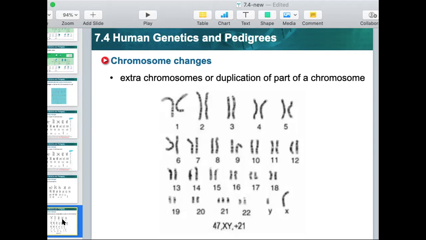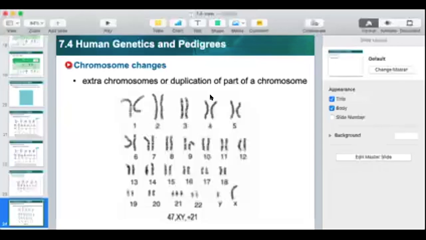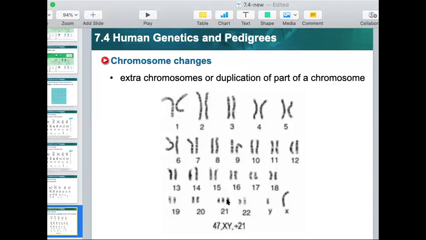It's more common in older parents because older women's eggs have to undergo meiosis, one every month. As the eggs get older, the chromosomes get sticky and they don't separate properly. So it's more prone to have extra chromosomes in women who are in their 40s, and that creates Down syndrome. Down syndrome can be a whole extra 21 chromosome, or it can be part of the extra chromosome. Either way, you get Down syndrome.